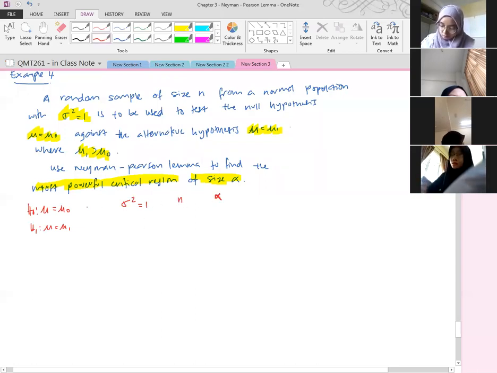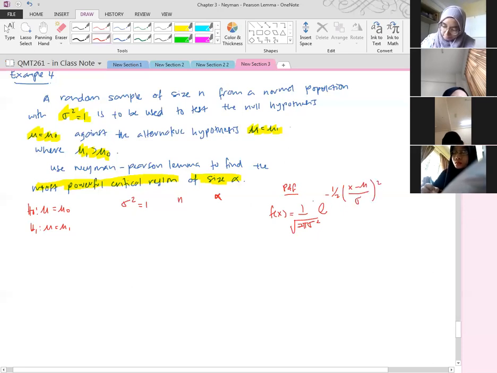So the PDF for normal distribution is f(x) = 1 over square root of 2 pi sigma squared, exponential negative 1 over 2 times (x minus mu divided by sigma) squared. So mu naught is some constant value, right?